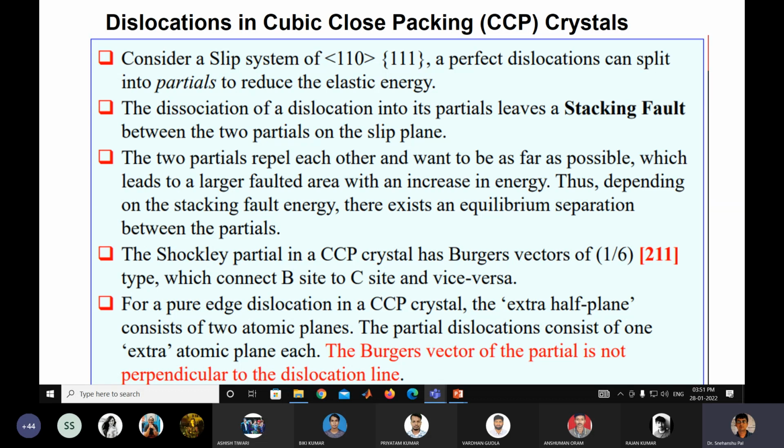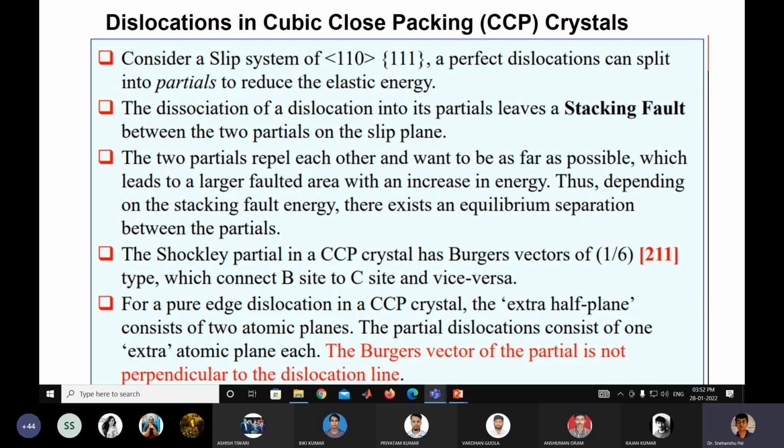And if something is wrong, some layer of atoms is missing or some layer is not following the rule of the bulk crystalline material, then that is a stacking fault between the two partials. That's why you must remember that the stacking fault occurs between two partials on a particular slip plane.